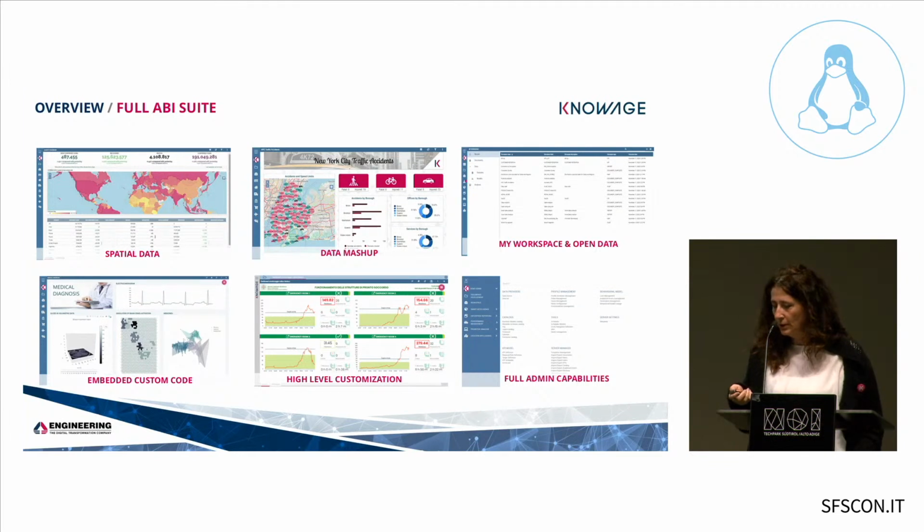So you can reach a high level of customization, and you can build the layout you want for your data and for your customer. Everything at the enterprise level, so we provide all the administrative capabilities that allow you to manage the server, the platform, and the service.